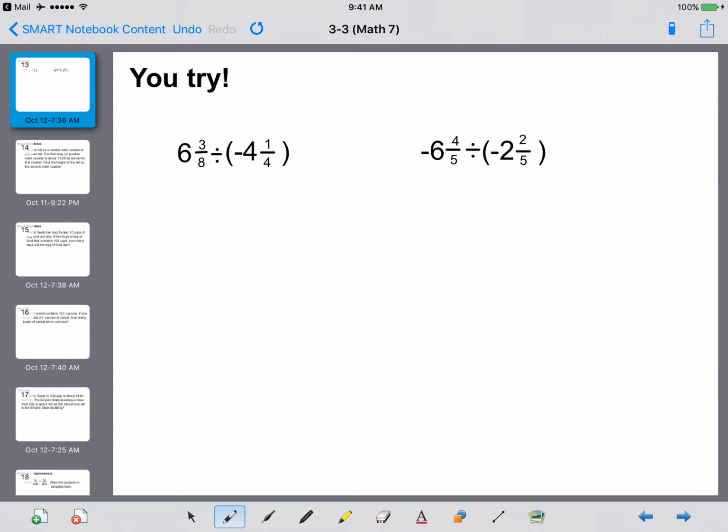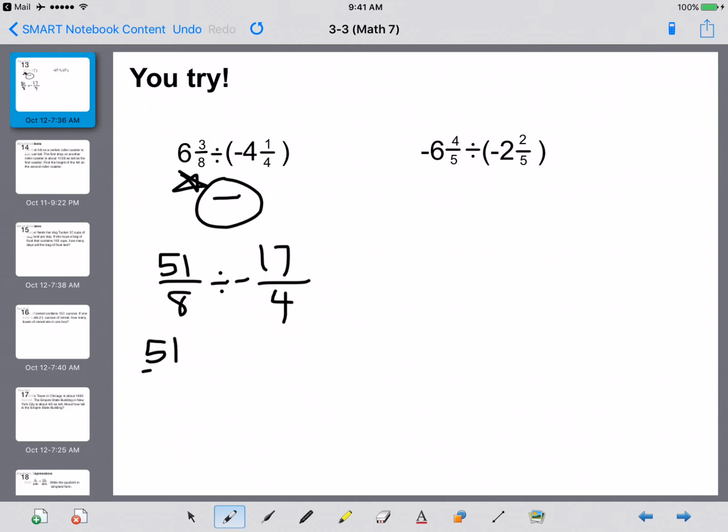So positive divided by a negative, our answer is going to be negative. So don't forget that. Turn them into improper fractions. 8 times 6 is 48, plus 3 is 51 over 8 divided by 4 times 4 is 16 plus 1 is 17 over 4.